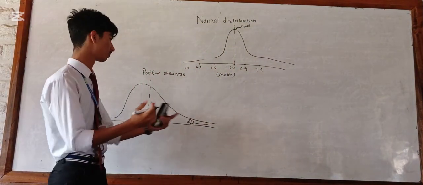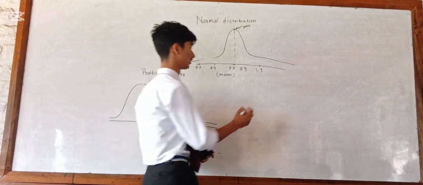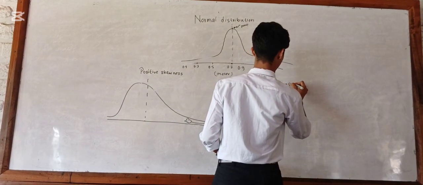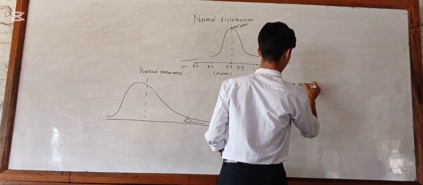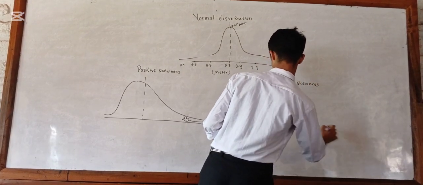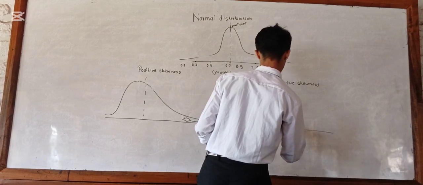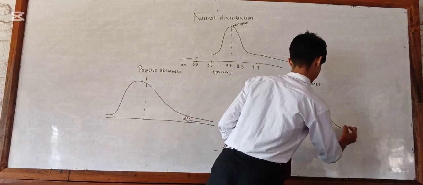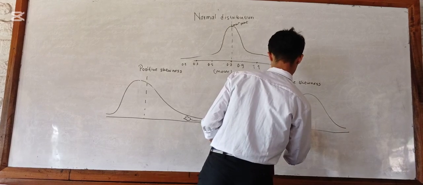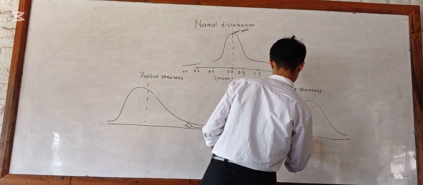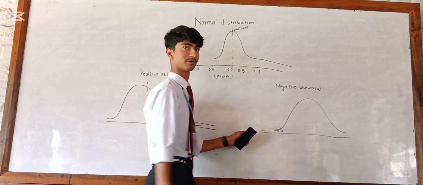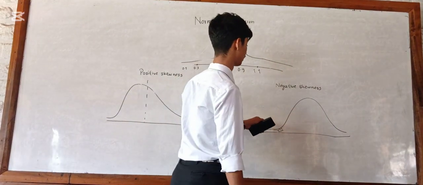It is exactly opposite to positive skewness. We can see the long tail on the negative side.